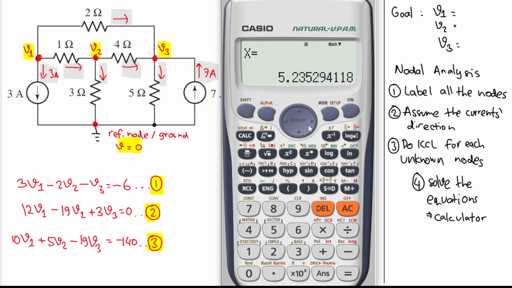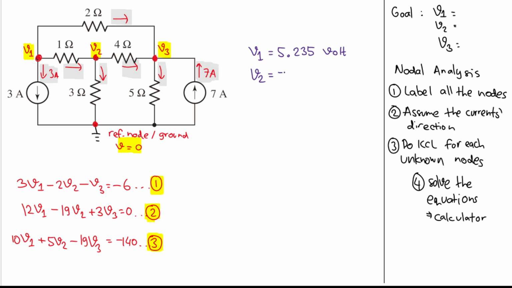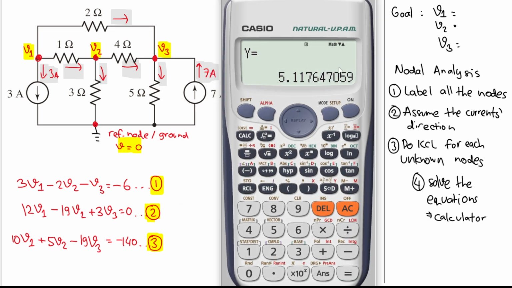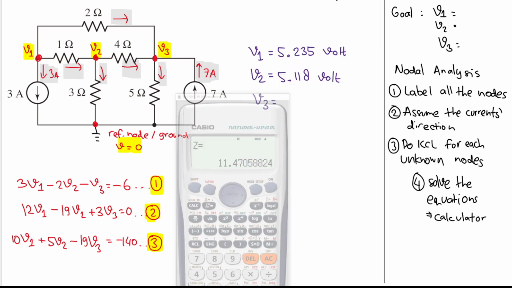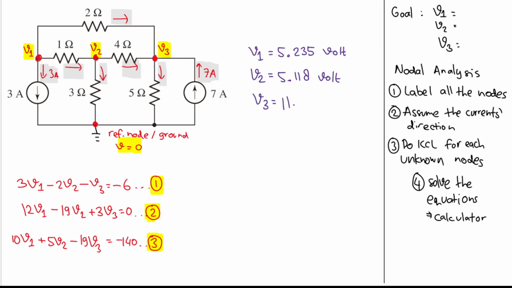V2 will be the Y value, which is 5.118, and the unit here will be in volt. And then what is V3? V3 is the Z value, which is 11.471, and the unit will be in volt.